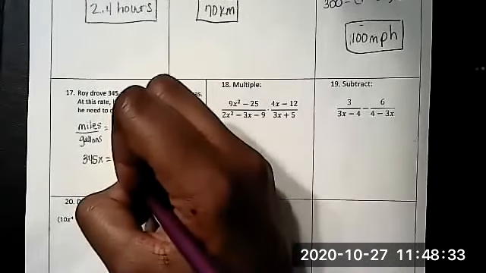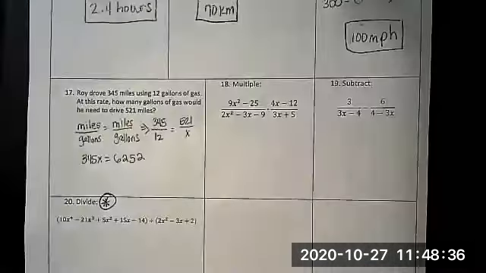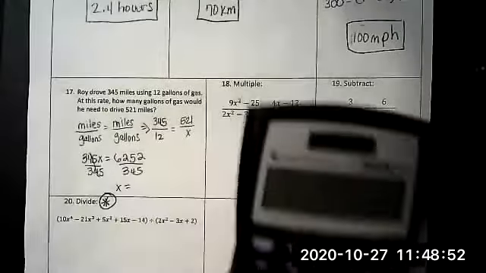All right, so this becomes 6,252, okay? And then you're going to divide by 345 on both sides. So x equals 6,252 divided by 345, and that's going to give you 18.